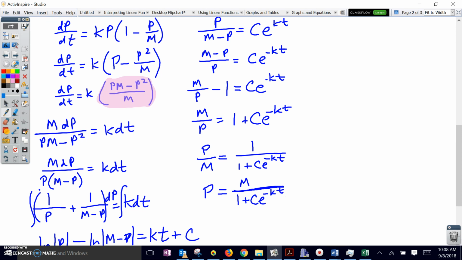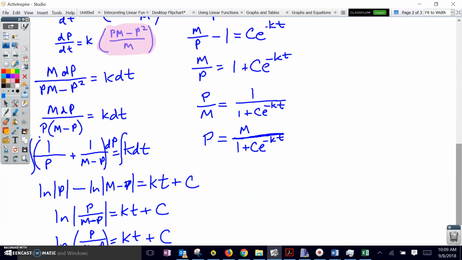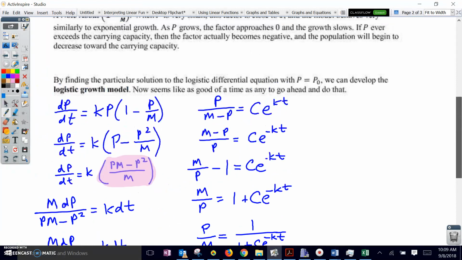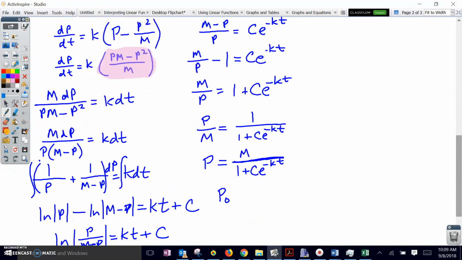Now we would want population to be equal to P sub 0 at time 0, and we can use that to figure out what our constant is. In this case, I don't know that that's going to be terribly informative for us if we let this be P of 0, because we don't know the initial population.